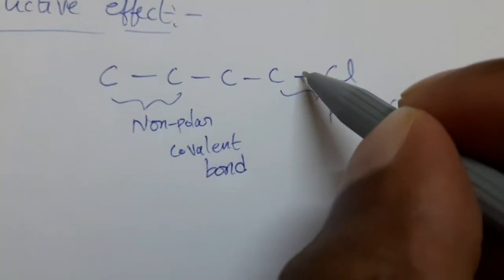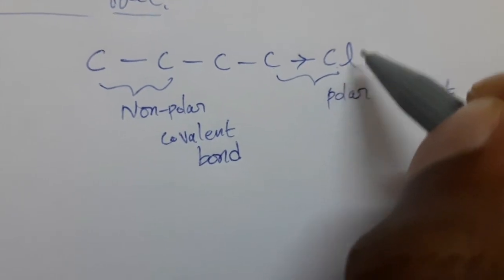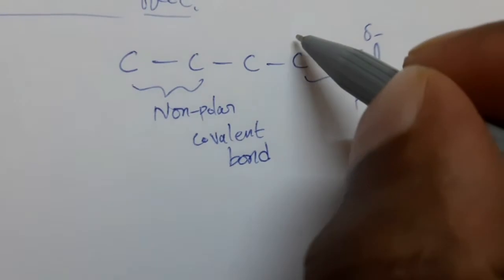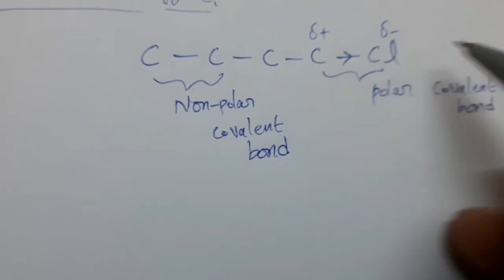Due to this, the bonding electron pair is closer to the chlorine atom, so a partial negative charge is developed on the chlorine. Consequently, a partial positive charge is developed on this carbon.